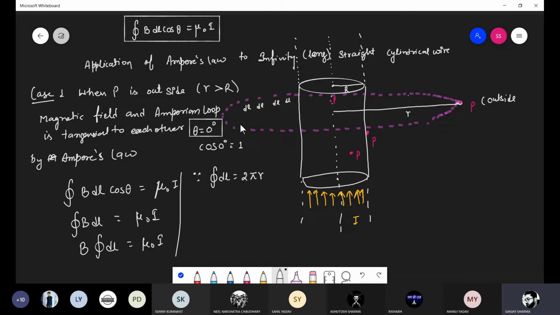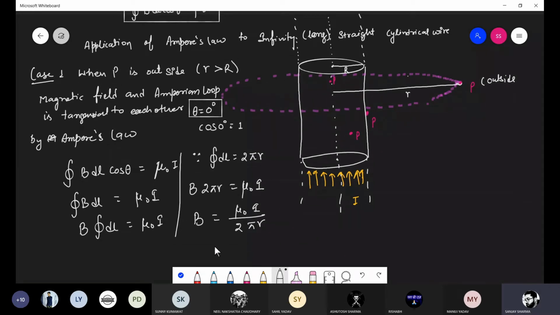When you add all the dl elements of the loop, it is equal to the circumference of the loop, and the circumference of the circular loop is 2 pi r. So it is B into 2 pi r equal to mu naught into I. So the magnetic field is B equal to mu naught I upon 2 pi r, and it is clear here the magnetic field is proportional to 1 upon r.